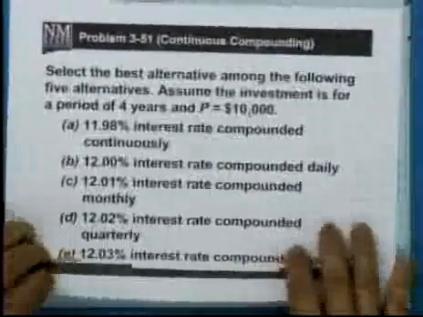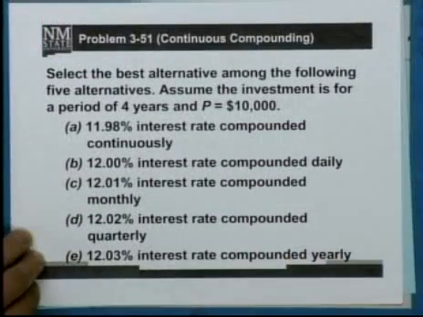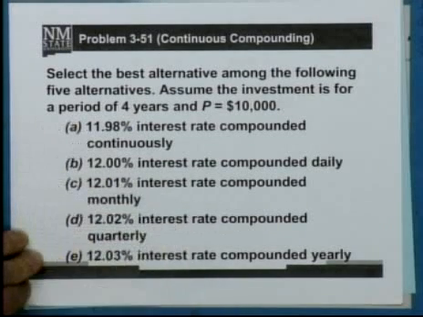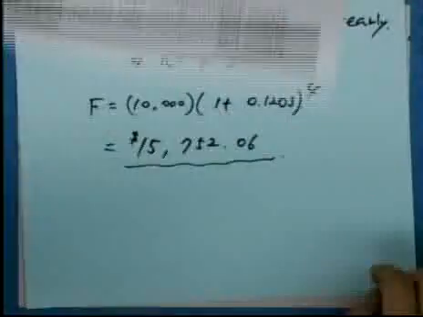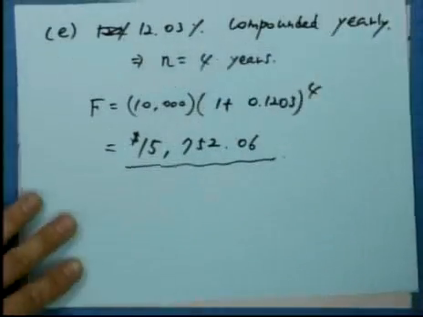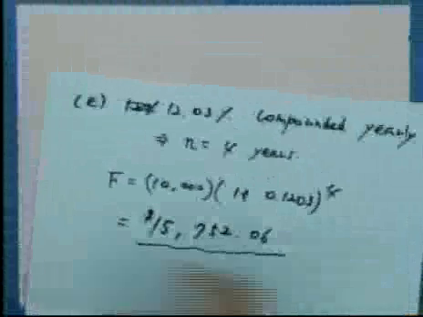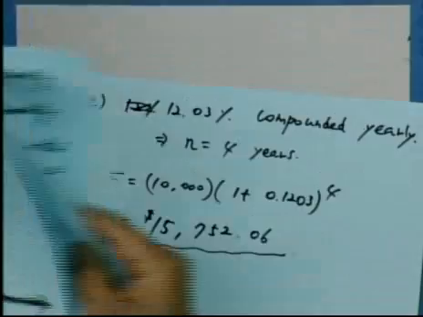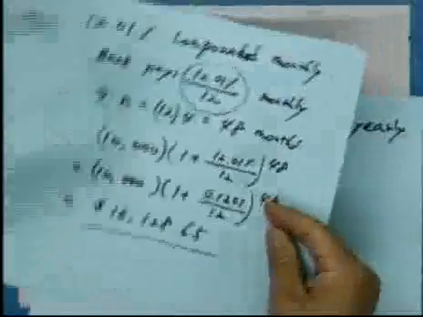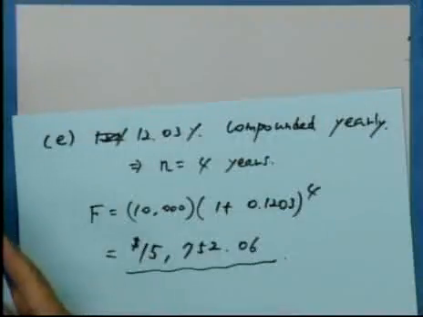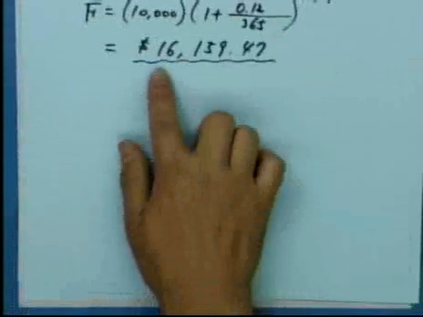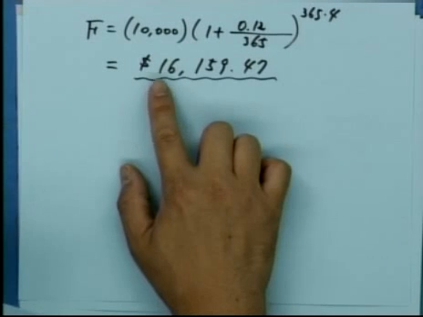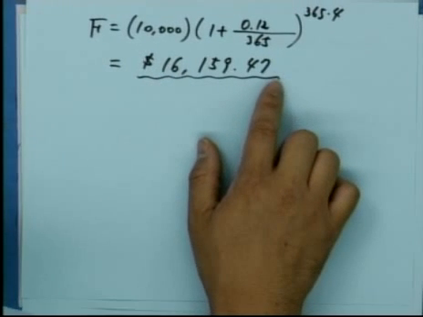3-51. We need to choose the best alternative among these 5 alternatives. So by simply comparing the future sum of monies from 5 alternatives, you know that the alternative B provides the highest value, the largest amount of money, future sum of money.